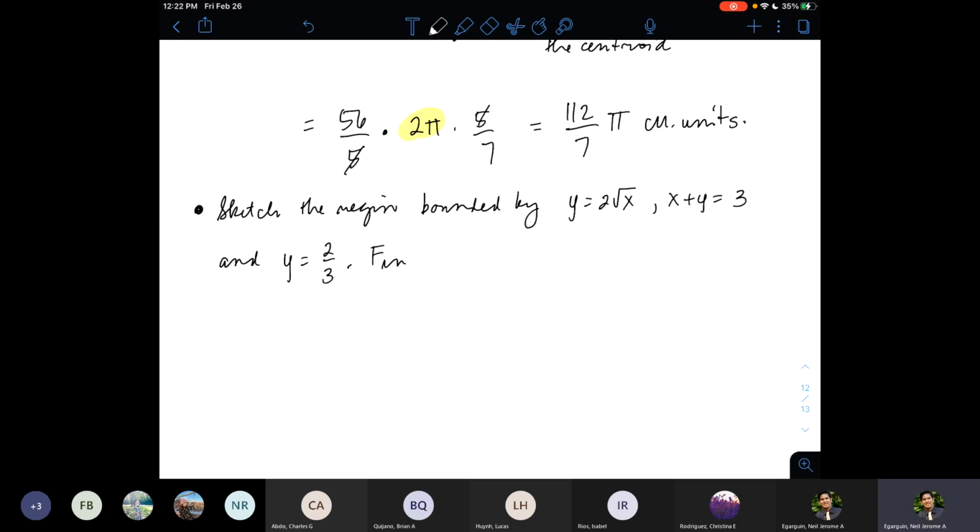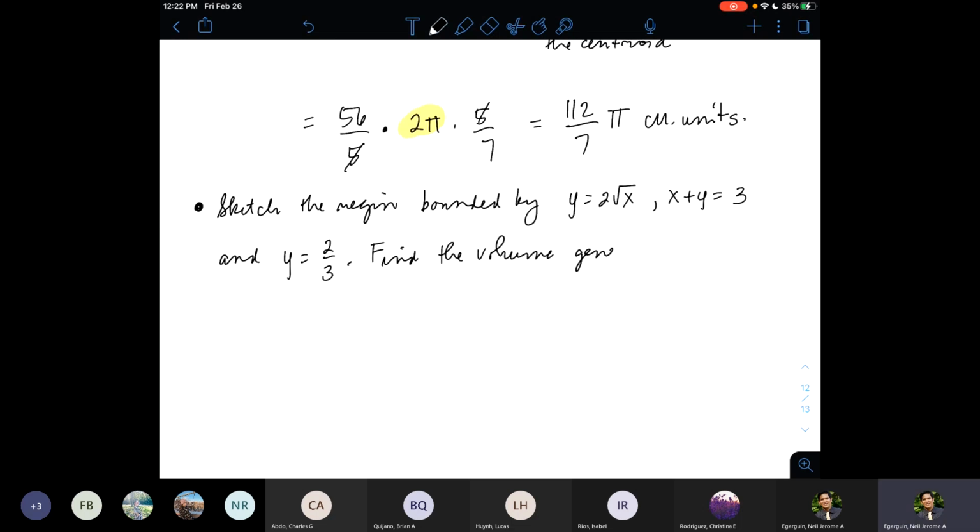Then find the volume generated by revolving the region about the x-axis. Any particular problem here?